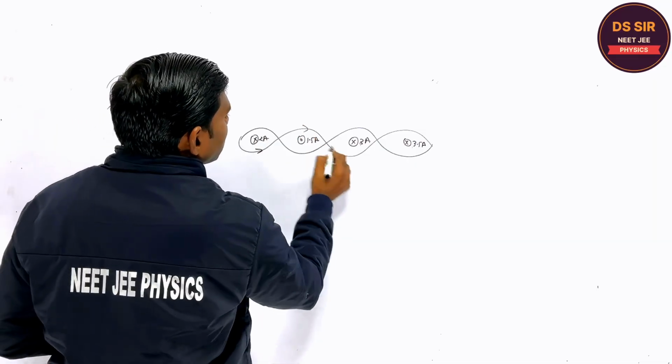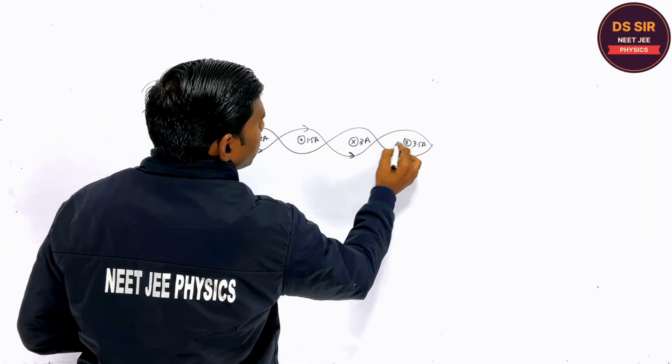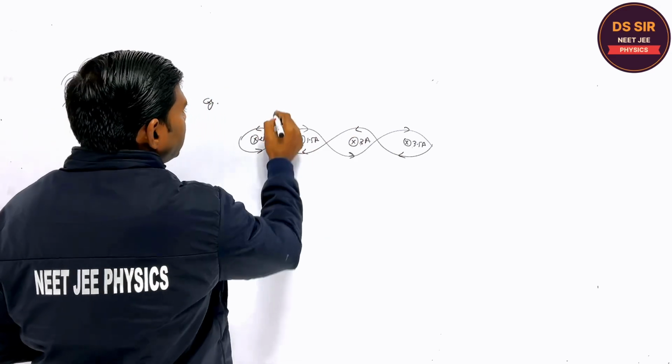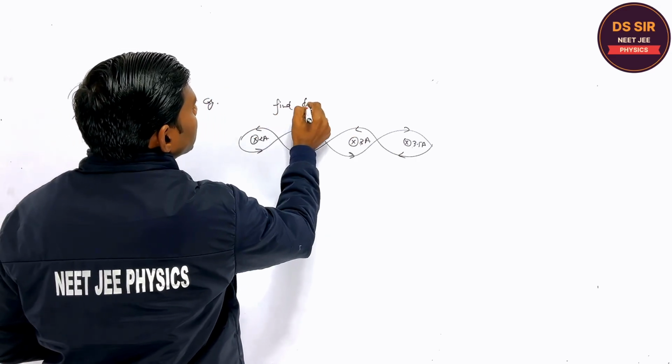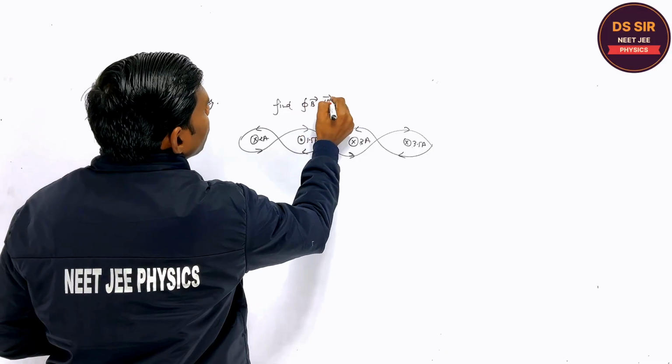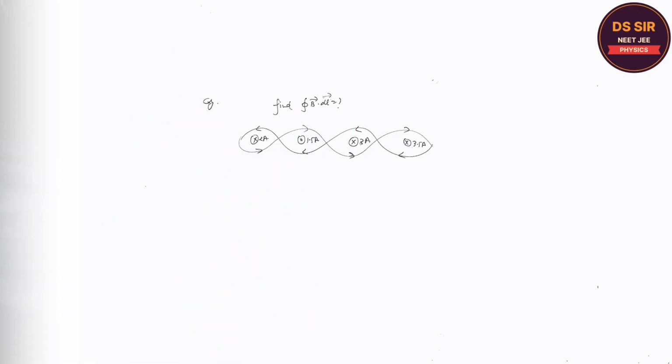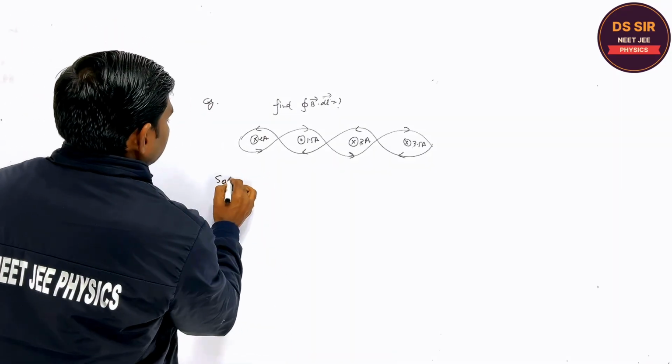This is the orientation of the loop, like this, like this. So you have to find the value of integration of B dot dl for this loop, right? Copy this. So how to solve this?